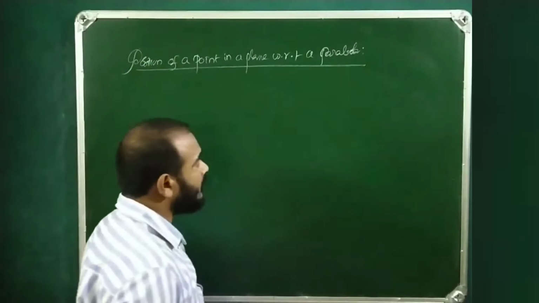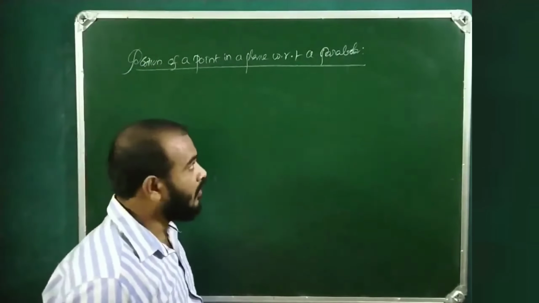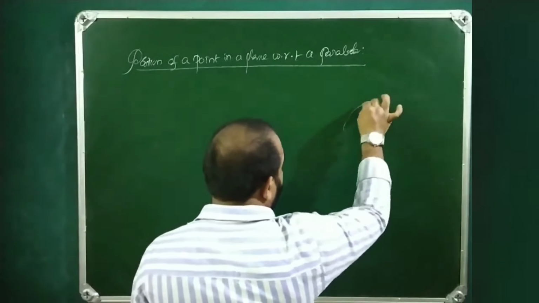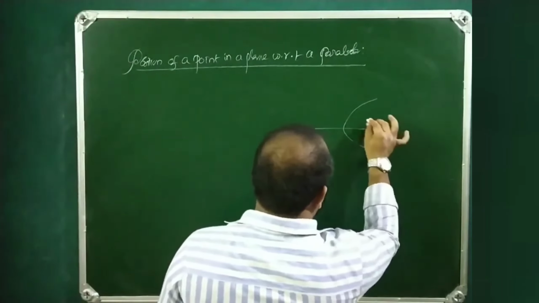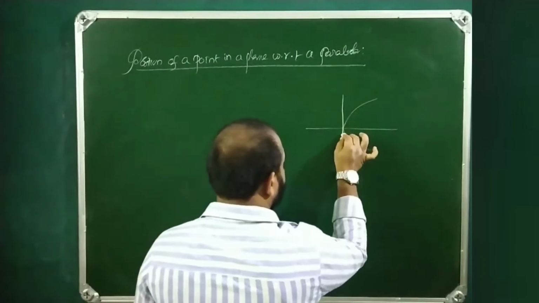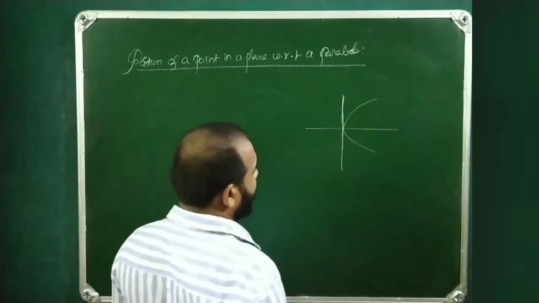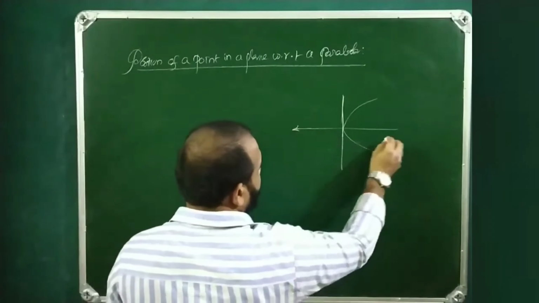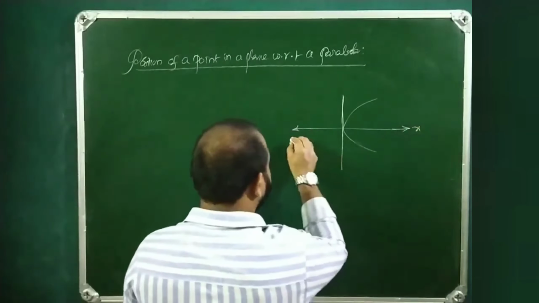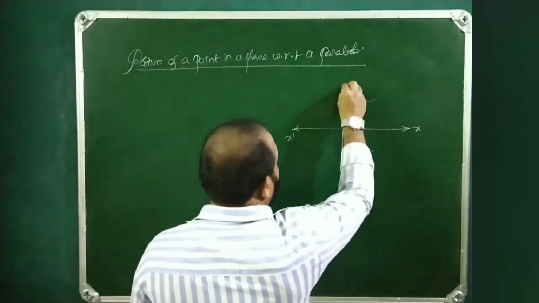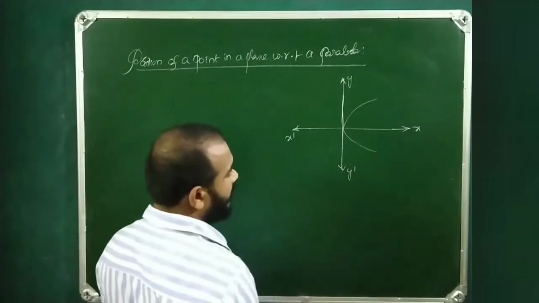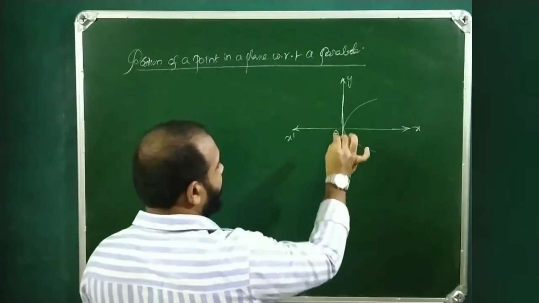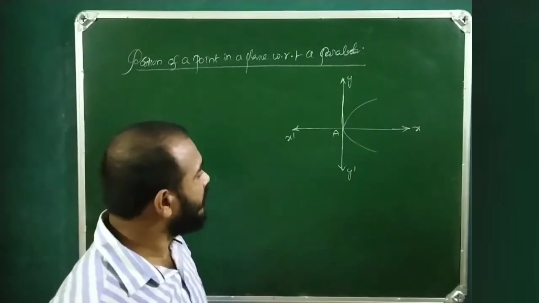So let us take the parabola y square equals 4ax, and this is the coordinate axis, x dash, y dash, with the vertex A at the origin.